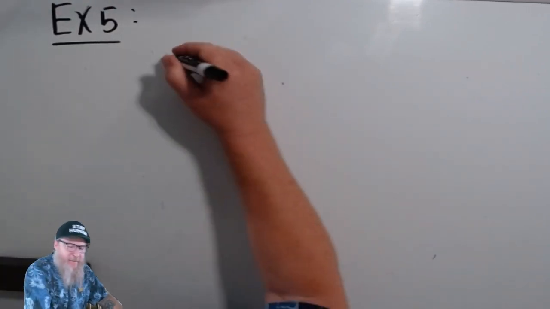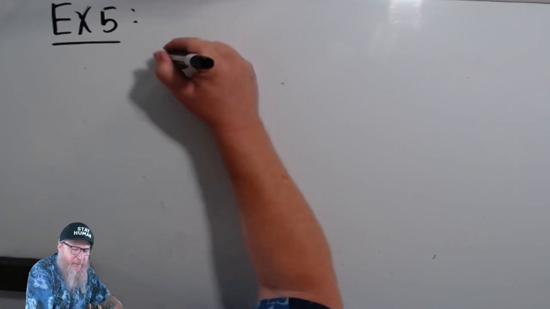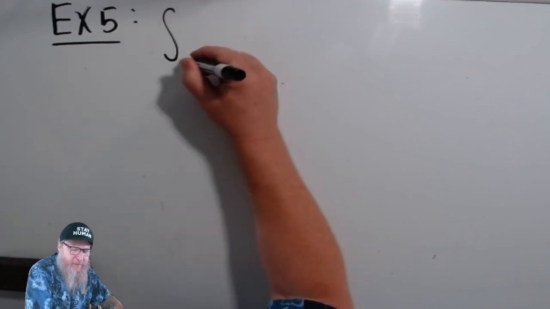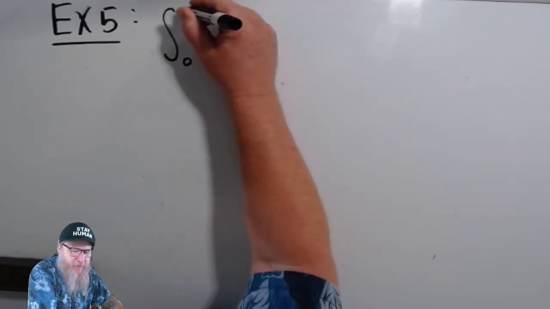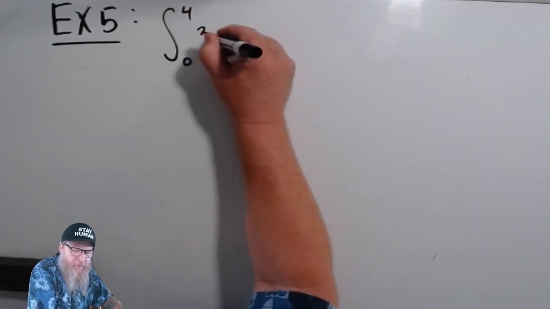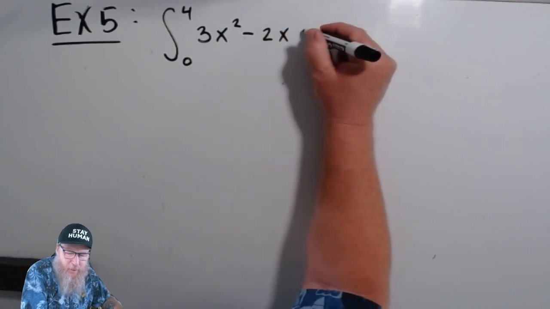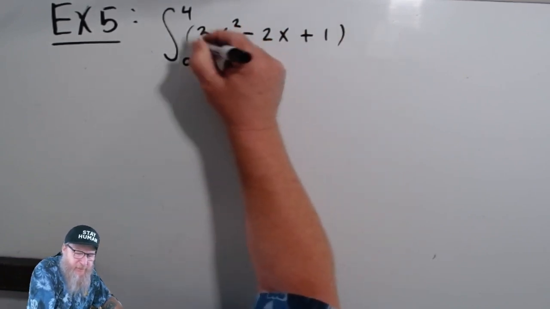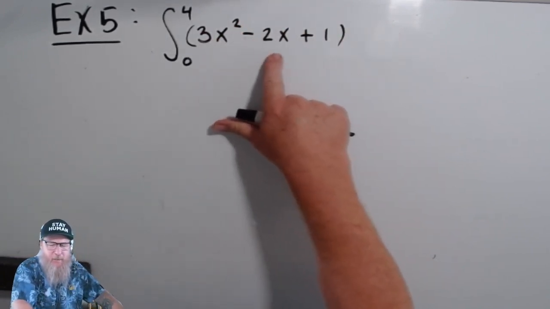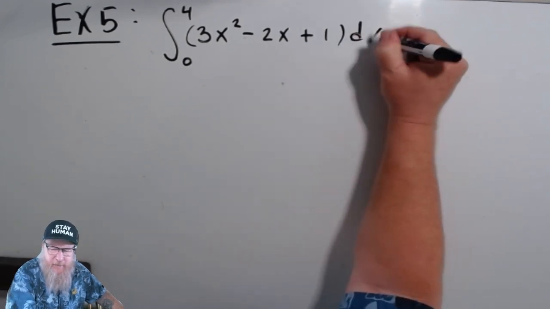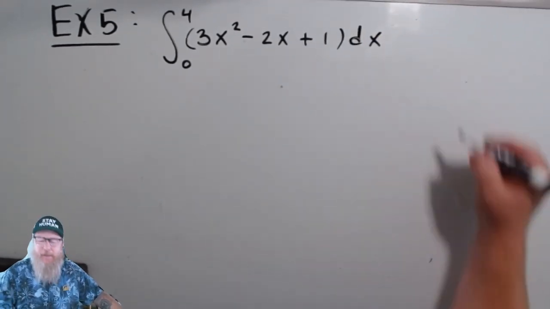So another definite integral. Let's find the integral from 0 to 4 of a classic polynomial quadratic function, 3x squared minus 2x plus 1, with respect to x.